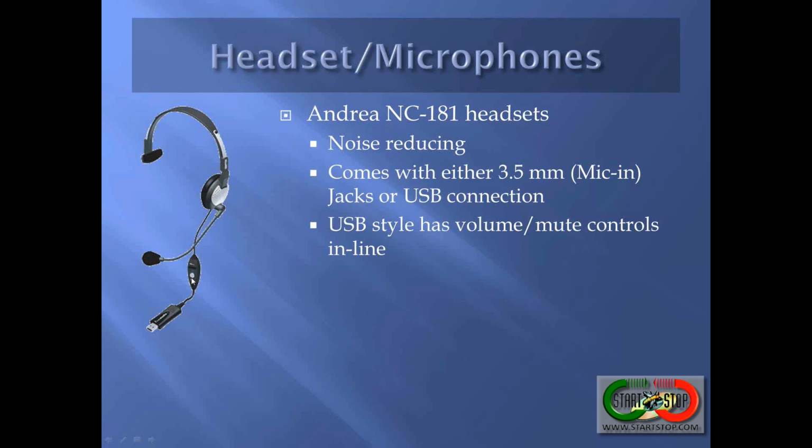Rather than turning Dragon's microphone on and off constantly, you can leave that microphone on and just use the mute button as a way to stop Dragon from responding to your voice.